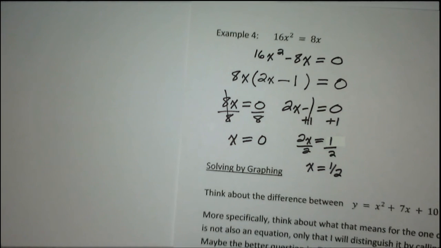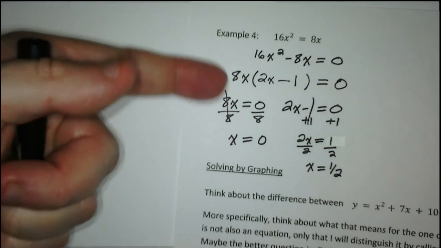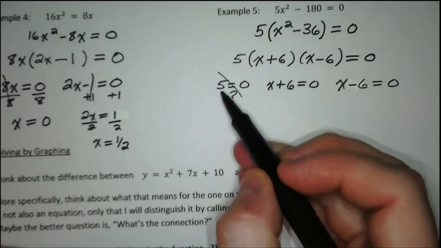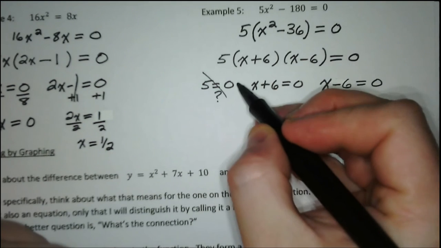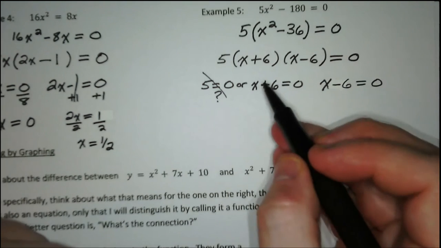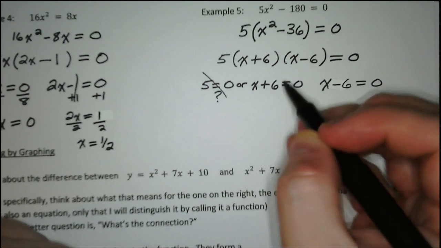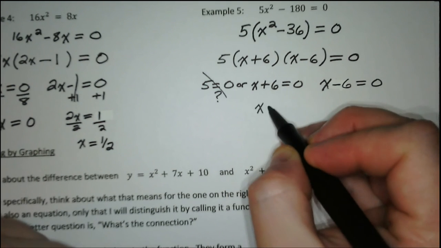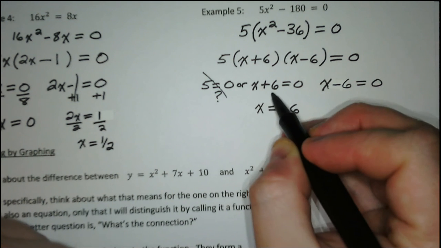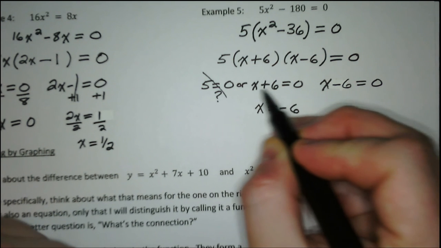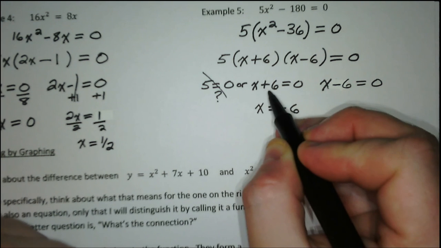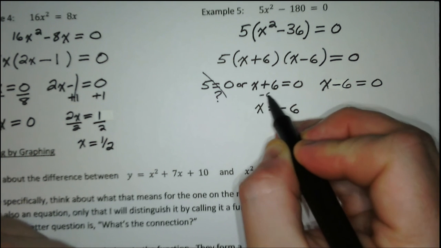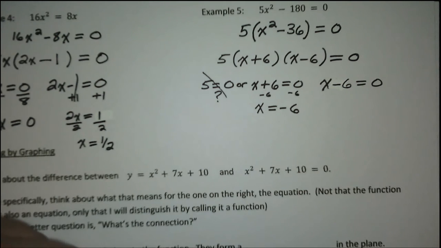You know, setting 8x equal to 0 was a completely different story. 8x equals 0, you can get an answer. But 5, no. All right, so 5 equals 0 or x plus 6 equals 0. So that means that x equals negative 6, because solving this for x, you would subtract 6 from both sides.